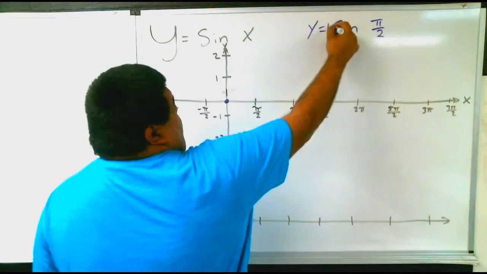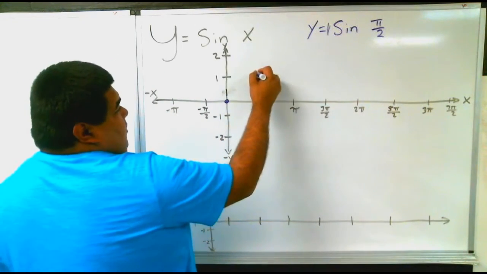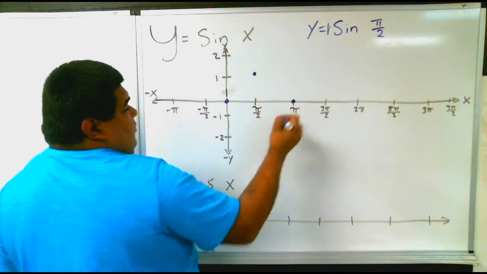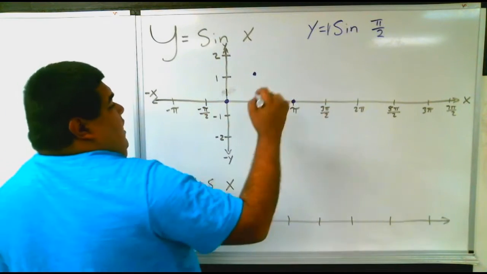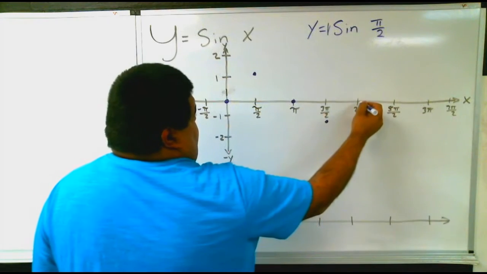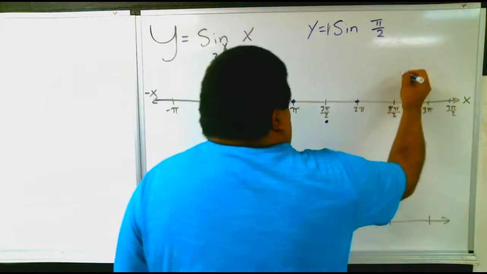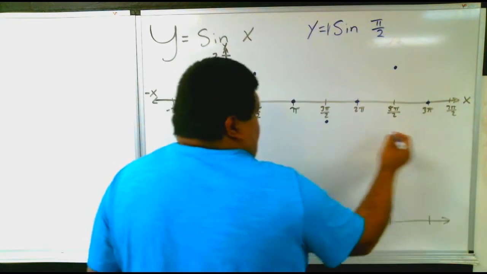Since we're only dealing with the 1, we only go as far as 1. So on the next half pi, we go up 1. Then we go back to the original, back to our x-axis. Now we're gonna go to a negative 1 on the next one. And then back to original. Then we're gonna go up 1, back to the original, and then down 1.